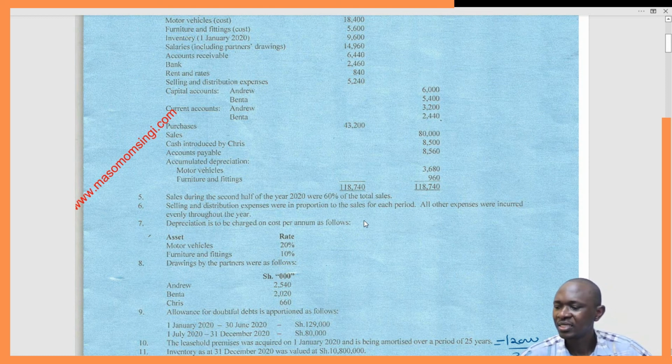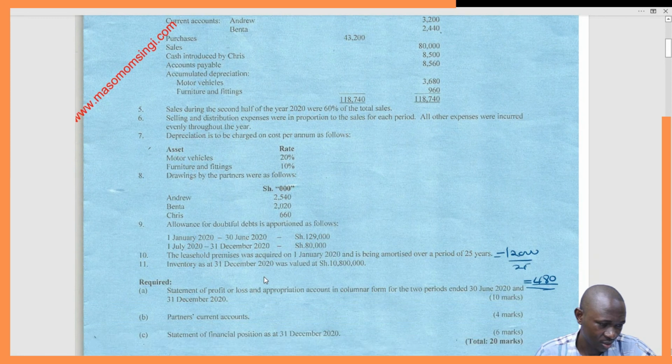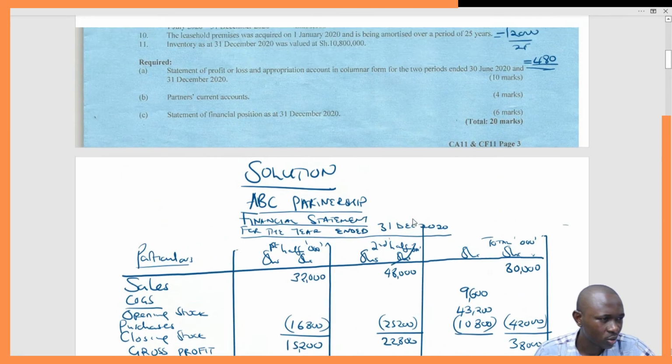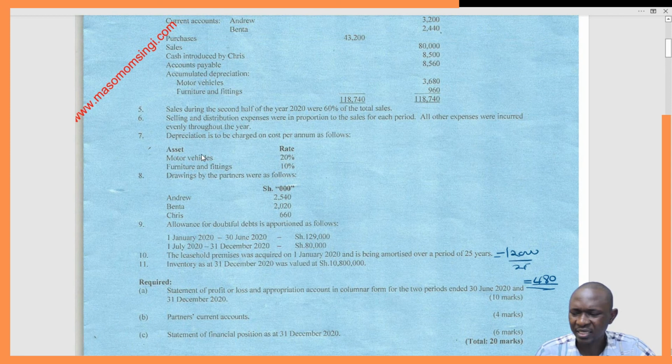Accumulated is 680, and depreciation is also 680.